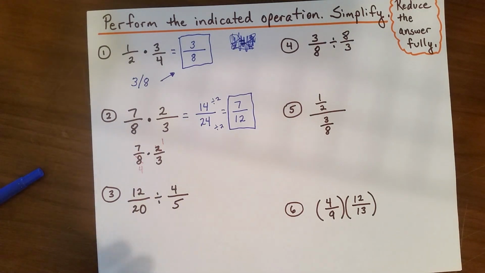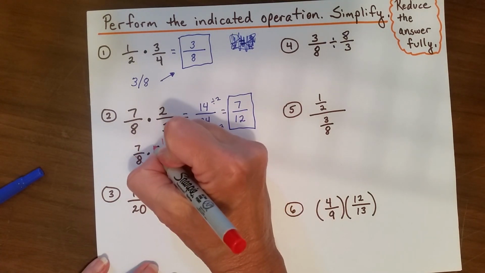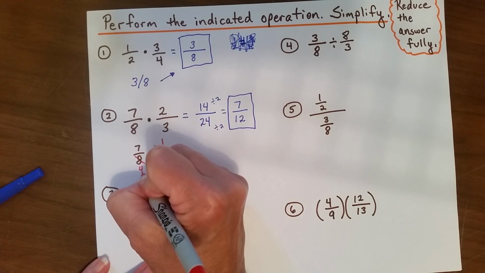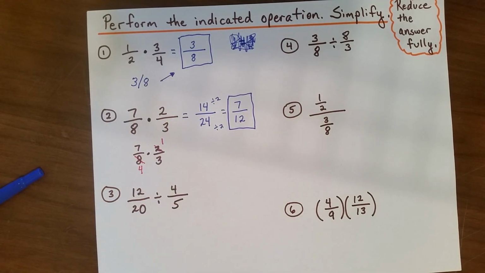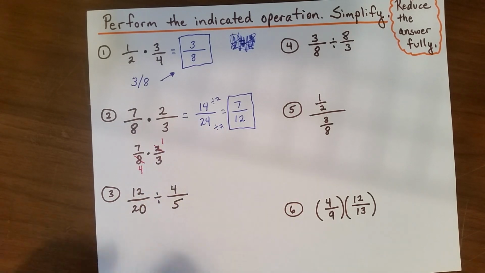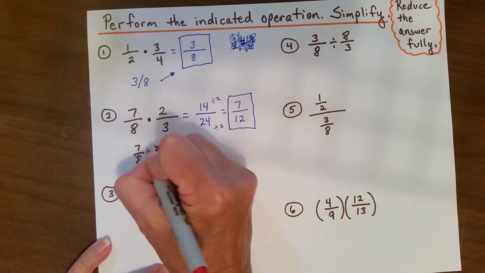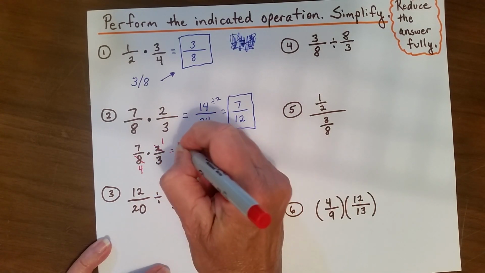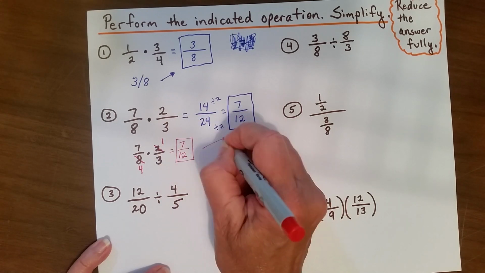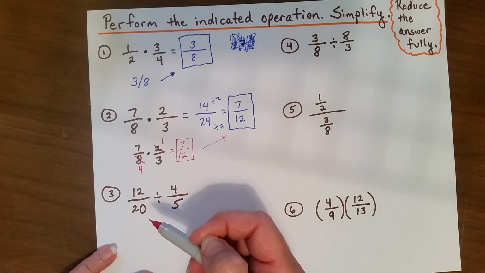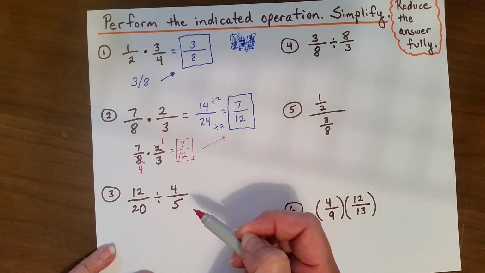Let me use a different color marker. 2 divided by 2 becomes a 1. 8 divided by 2 becomes a 4. Now, when I multiply, I've got 7 times 1. 7 times 1 is 7. 4 times 3 is 12. Notice we ended up with the same answer, but I reduced first. Now, does it matter which way you do it? Absolutely not. You can do it either way.